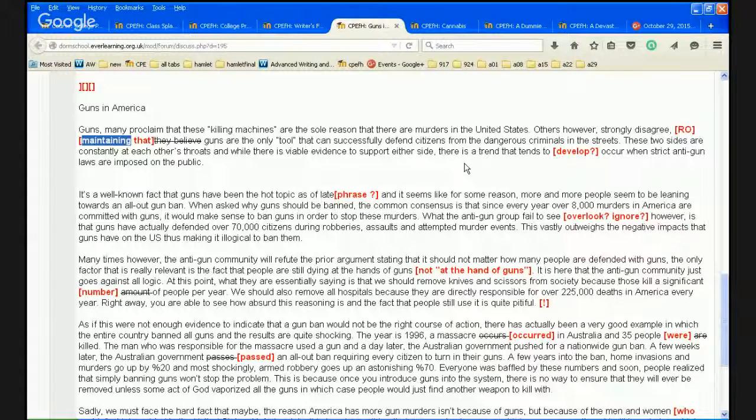A sentence fragment can't be on its own. You can't have two complete sentences on their own. But you can have a complete sentence with any number of sentence fragments attached to it. And that's actually a very good way to write. So maintaining, if you start something with the word maintaining, you know it's not going to be a complete sentence.